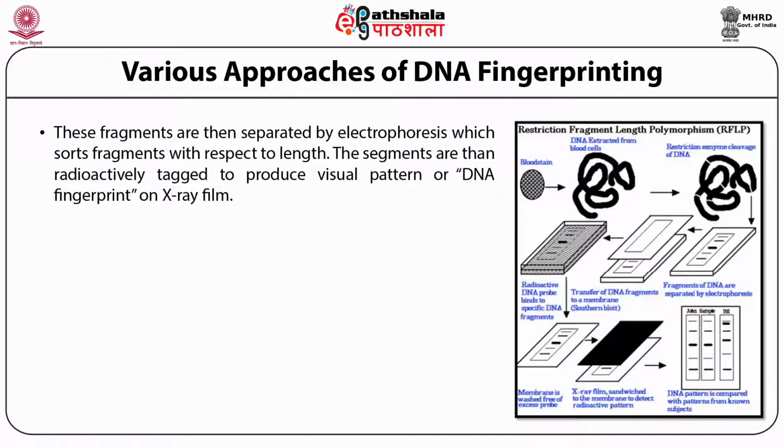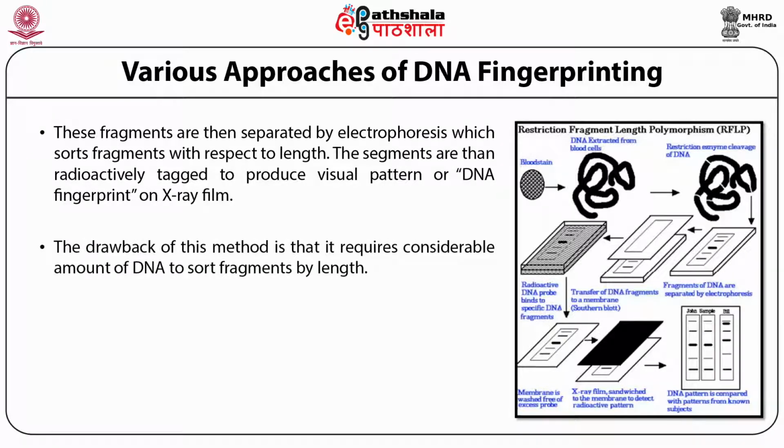The segments are then radioactively tagged to produce a visual pattern or DNA fingerprint on X-ray film. The drawback of this method is that it requires a considerable amount of DNA to sort fragments by length. The diagram shows you DNA fingerprinting with restriction fragment length polymorphism.